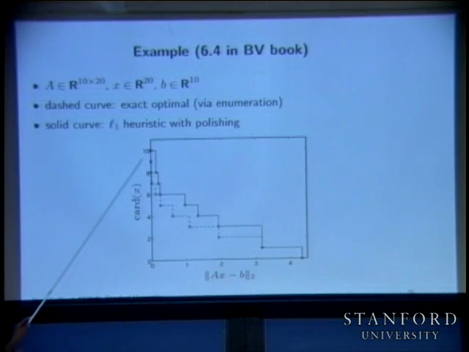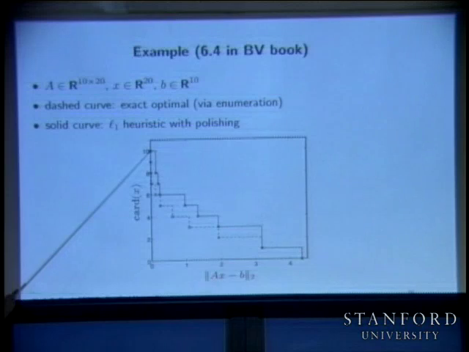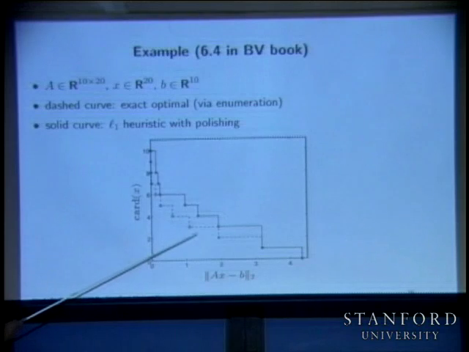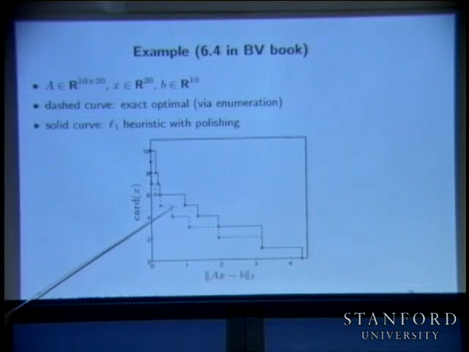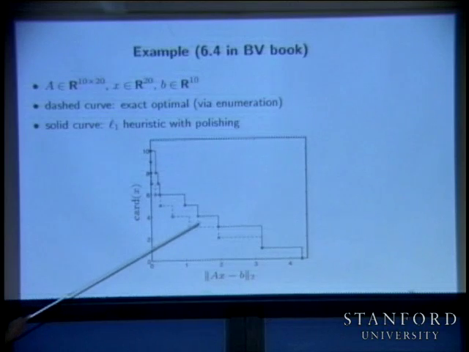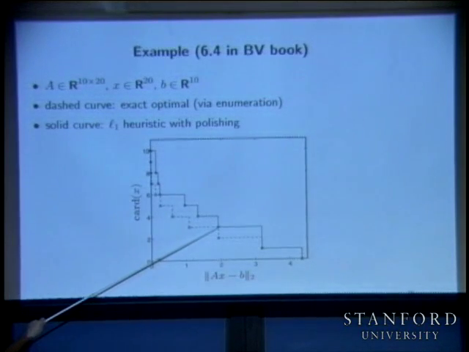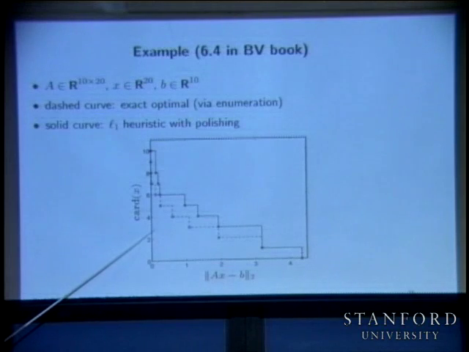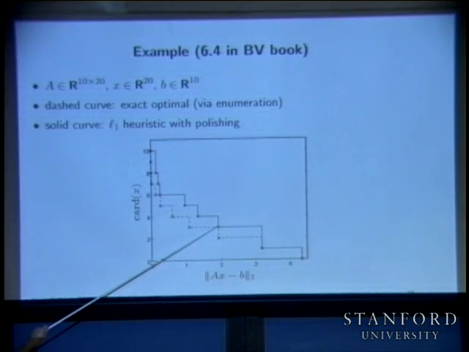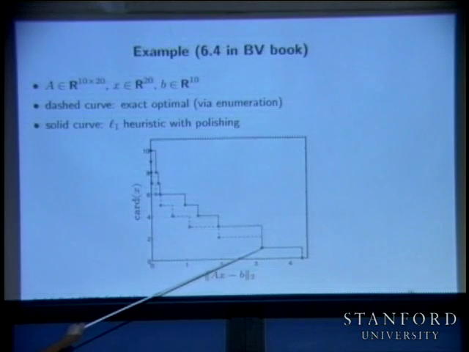What this shows, the dash curve, the solid curve is what happens if you do the L1 heuristic with polishing. And you can see it works pretty well. Everyone agrees sort of here. But what happens now is you can see any gap between these two is where you've missed the global optimum. What's interesting is, for example, over here with 3, you actually get the global optimum. And in other places over here at 1, you get the global optimum.